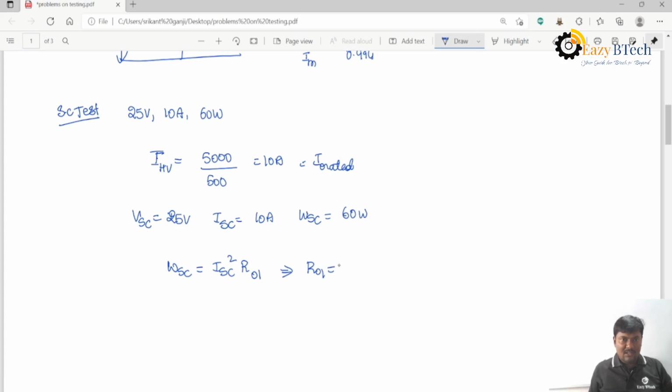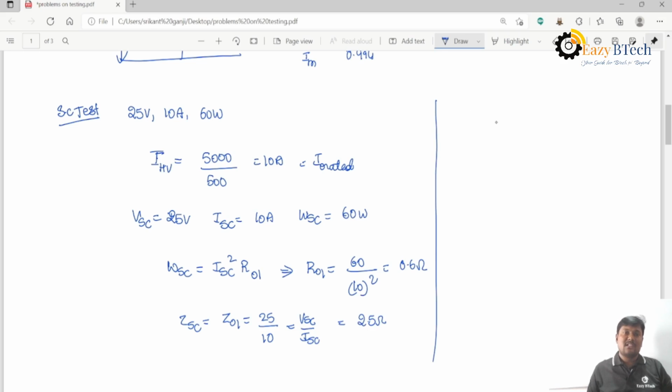R01 is equal to 60 divided by ISC square, 10 square, that should be equal to 0.6 ohms. And ZSC, or Z01, is equal to VSC divided by ISC, 25 divided by 10, that should be equal to 2.5 ohms.